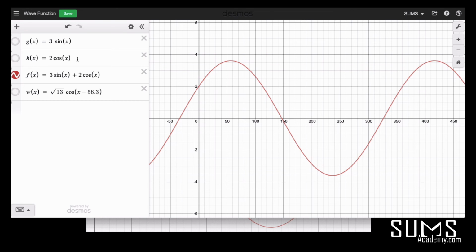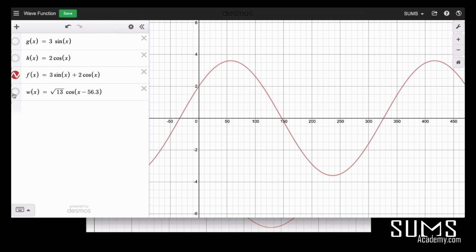So you can always express a sine graph and a cos graph that are added together as just one cos graph or sine graph. I'm saying sine and cos a lot, so fair enough, it's going to be confusing. But if you look at the equation below here, this root 13 cos(x - 56), right? So this is just using a cos term. There's no sine term in here.